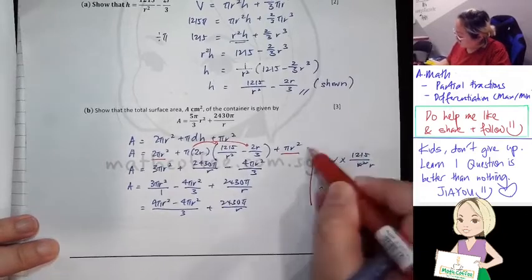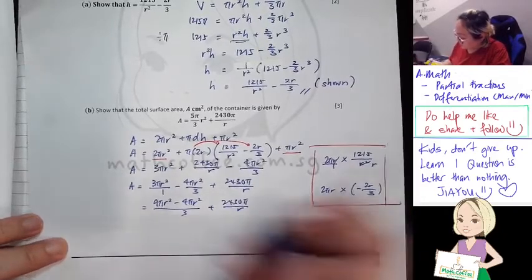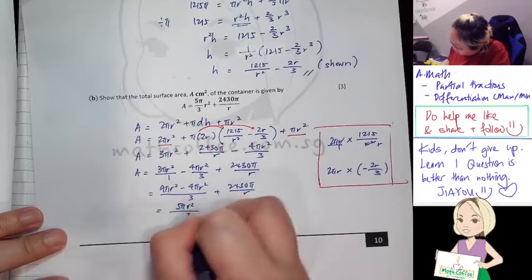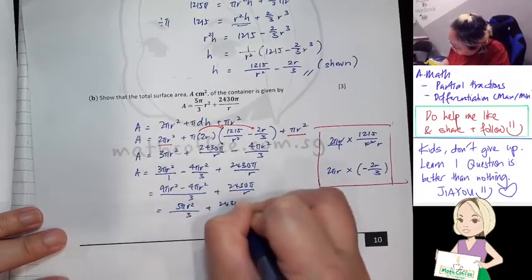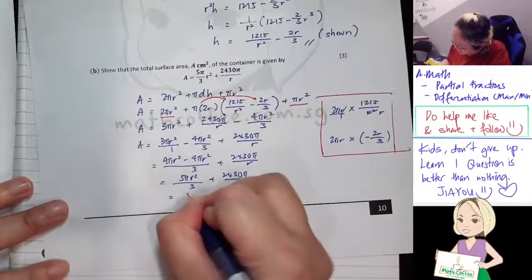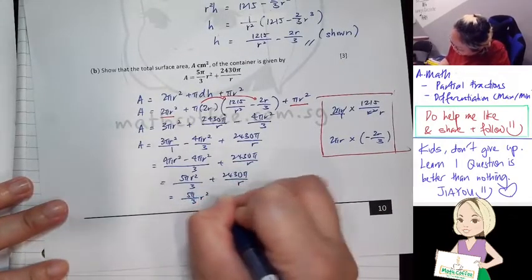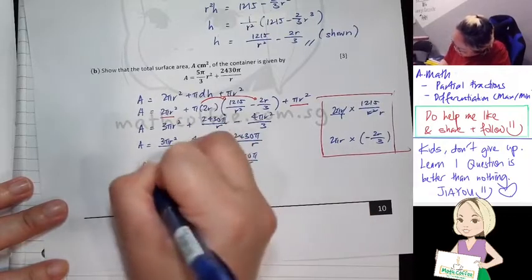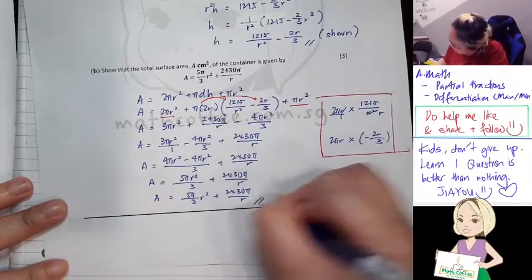And I will get 5 pi r squared over 3 plus 2430 pi over r. And because they put r squared in the middle, just put it exactly as what they want. So A equals 5 pi over 3 r squared plus 2430 pi over r. And this is shown.